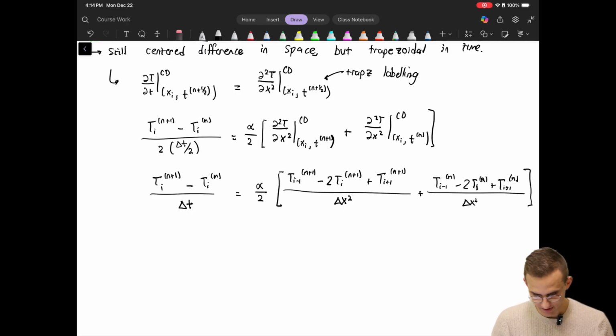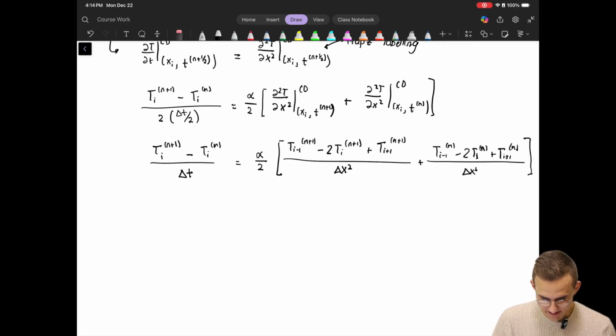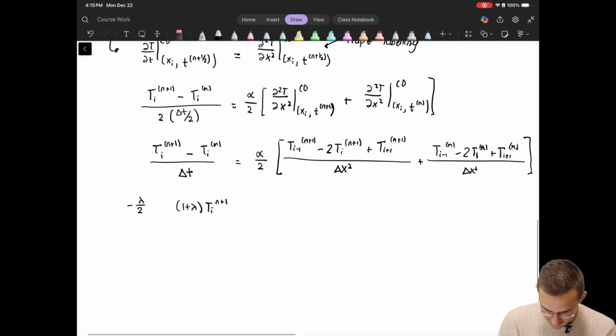Okay? Once again, we're going to let lambda equal the same thing it's equal to before. And then what you end up with is this equation where you have 1 plus lambda times T_i^(n+1), minus lambda over 2 times T_(i-1)^(n+1), minus lambda over 2 times T_(i+1)^(n+1).